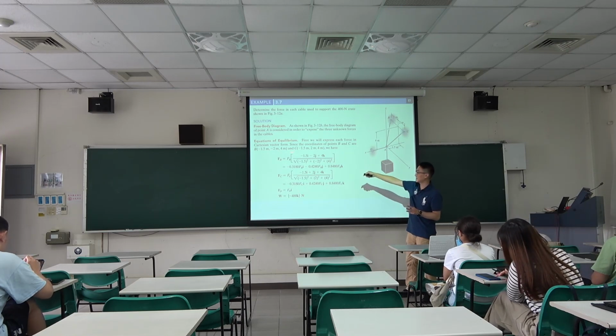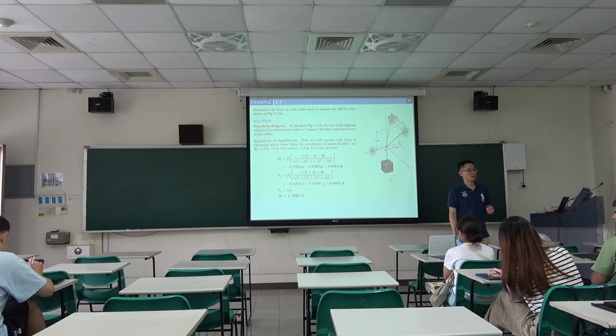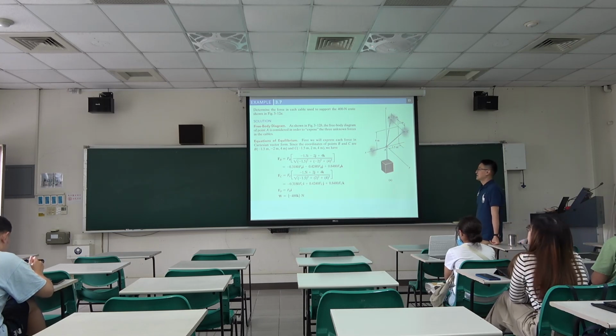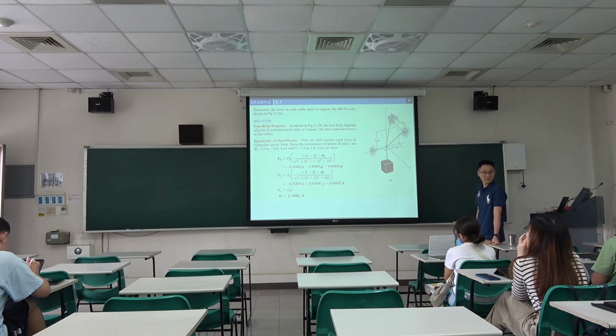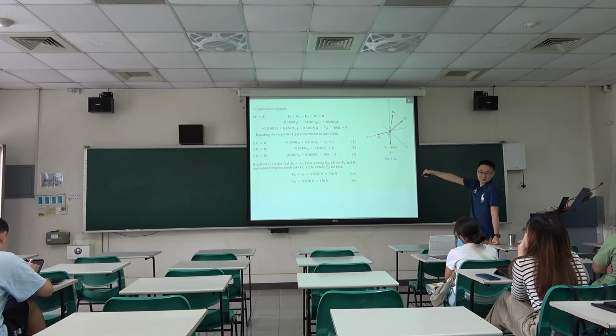For the x component, this one doesn't have an x component, so the summation of them equals 0. Then for the y component, the summation equals 0, and for the z component, the summation equals 0.